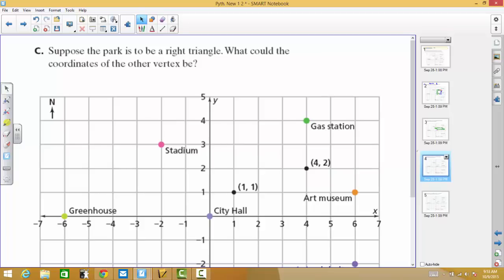Okay, so a right triangle. A right triangle is half of a rectangle. It has a 90-degree angle. So we have one possible right triangle right there. You have another possible right triangle right there. Remember that square we made? So I guess that actually wouldn't work.